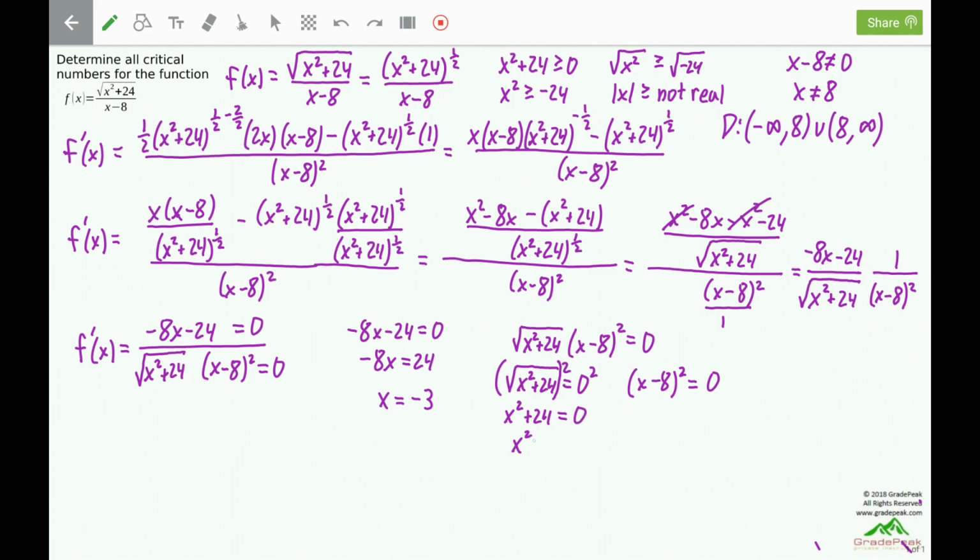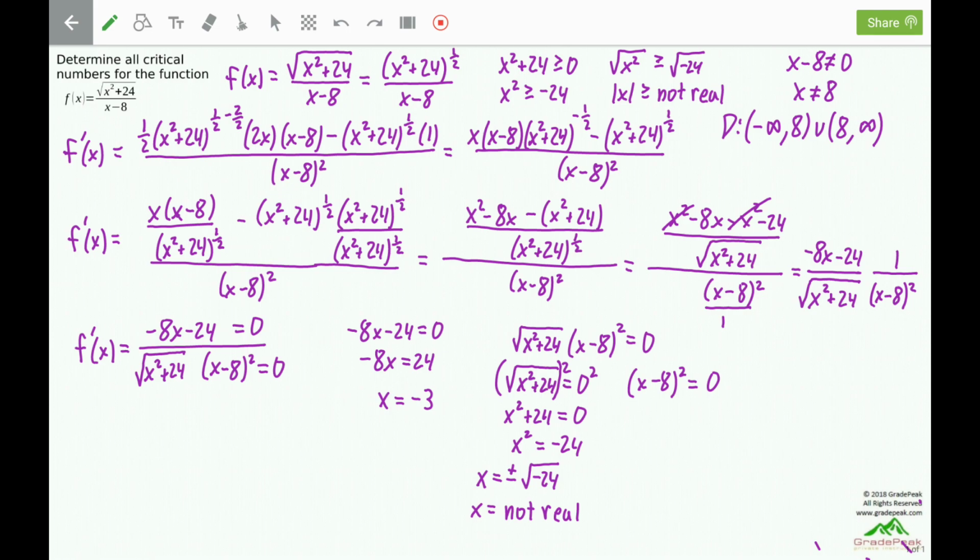We can now subtract 24 from both sides, and then take the square root of both sides, which will give plus or minus the square root of negative 24. Since again we have an even root of a negative number, this will not be a real number. It will not be one of our critical numbers.